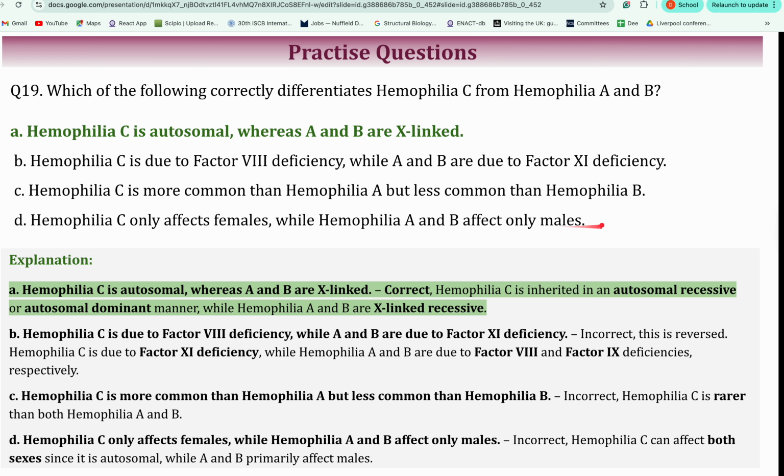While A and B only affects the males. So this is just to confuse you so that you think that in the X-linked recessive, mostly males get affected. So maybe this could be right, but no, this is completely wrong because hemophilia C can affect both the males and females because it is autosomal. So it is not biased towards females. So keep this thing in mind. Now let's move to next question.